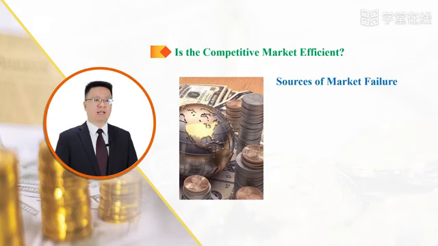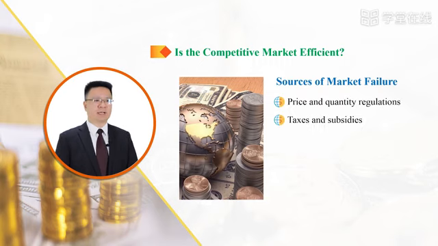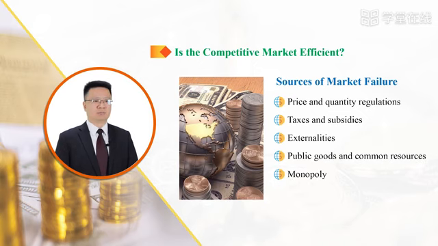In competitive markets, underproduction or overproduction arise when there are price and quantity regulations, taxes and subsidies, externalities, public goods and common resources, monopoly, and high transaction costs.